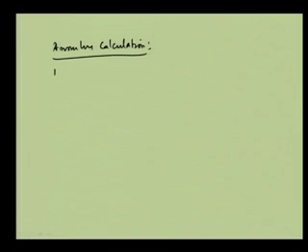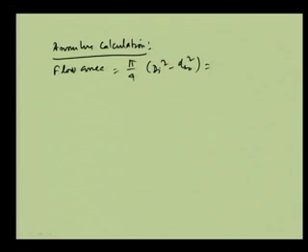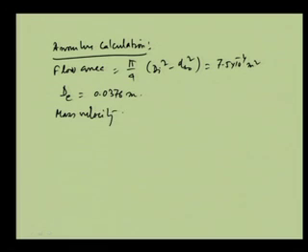And then comes that annulus calculation. Annulus calculation says that flow area is equal to pi by 4 into, as I have said, minus dTo square, and that is equal to 7.5 into 10 to the power minus 4 meter square, and then equivalent diameter is equal to flow area by this, so it is becoming 0.0376 meter, and then mass velocity is coming as 296 kg per meter square per second.